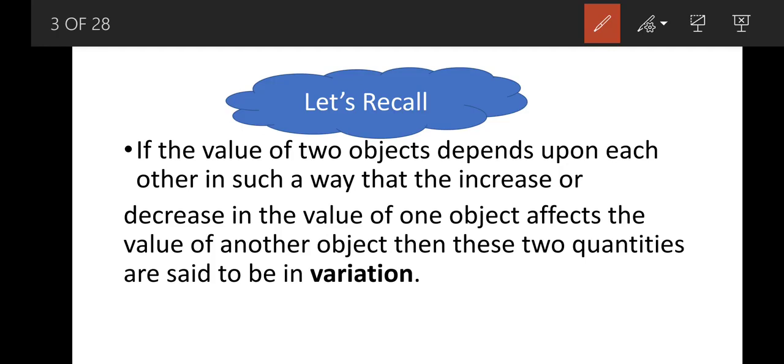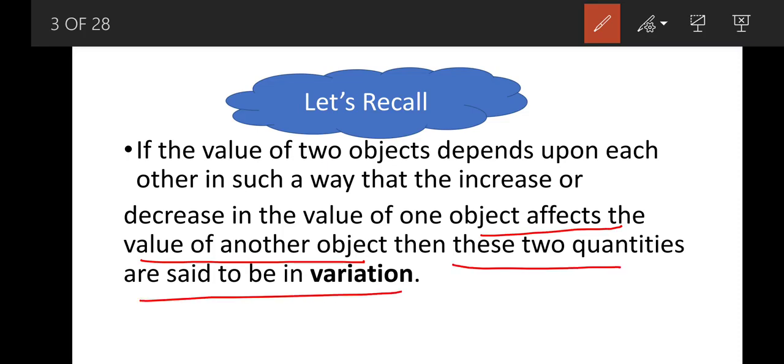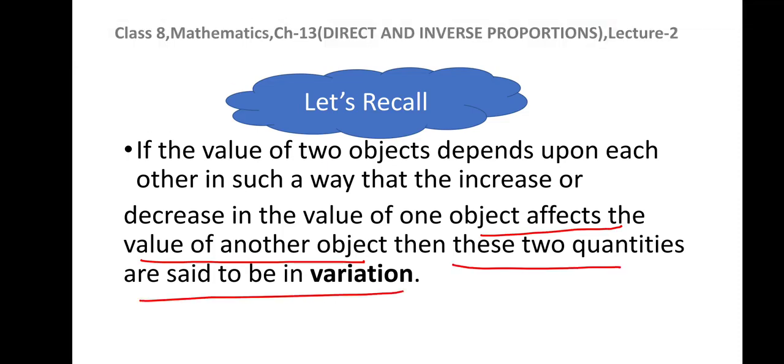That is, more pens, more cost. Less pens, less cost. If I will be engaging more men at work, then less time will be taken to finish the job. Likewise, two quantities are said to be in variation if increase or decrease in one quantity affects the value of the other quantity.